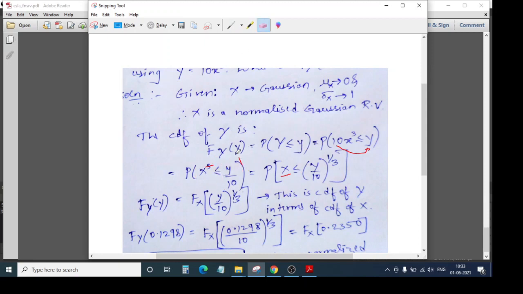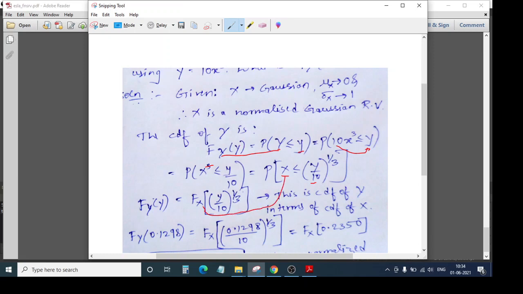Next, what have we found out now? By using the definition, here small y is replaced by y by 10 raised to 1 by 3. Once you write it, capital Y comes as a suffix here, and capital X would come as a suffix.